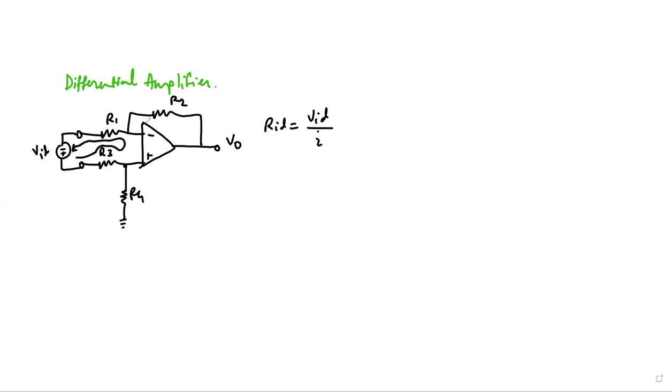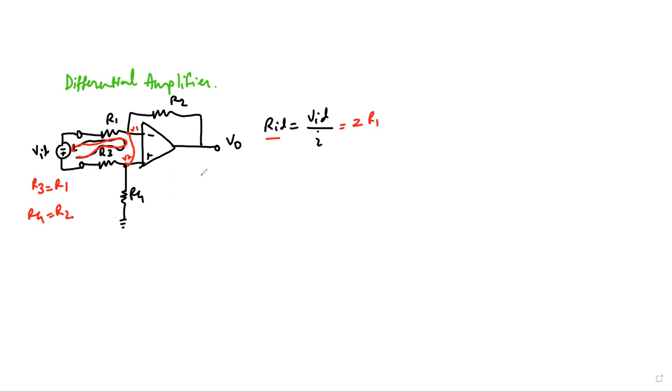Because the voltage here is V1, the voltage here is V2, and due to virtual ground, this is a short circuit. So the current essentially flows through this loop, and we have this expression for VID over I, and that comes out to be 2 times R1, because we assume here R3 is R1 and R4 is R2.